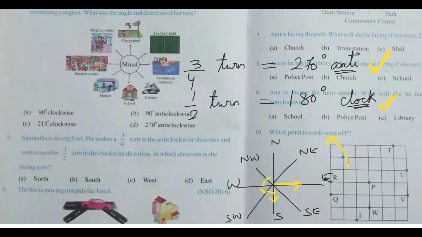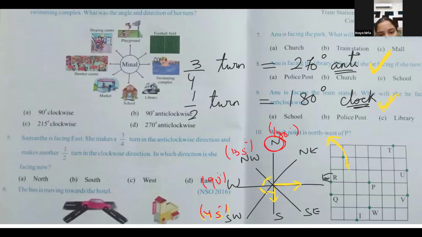Four turns to reach 180. Starting from west, 45, then 90, then 135, and then 180. That means the final position will be north after taking 180 degrees clockwise.